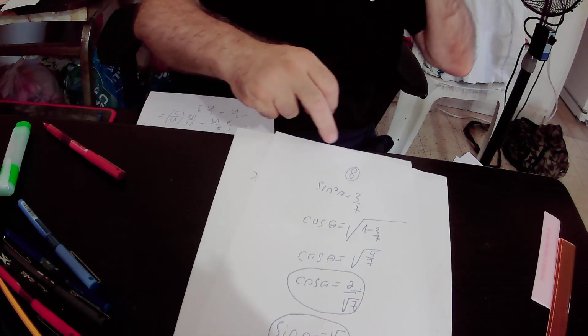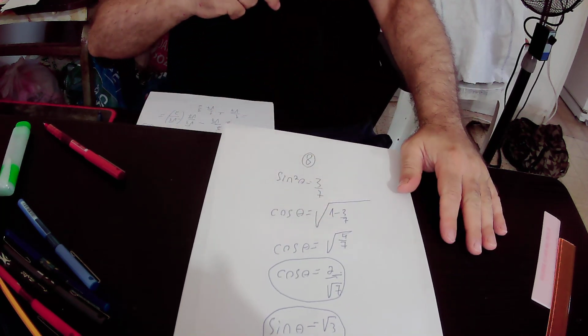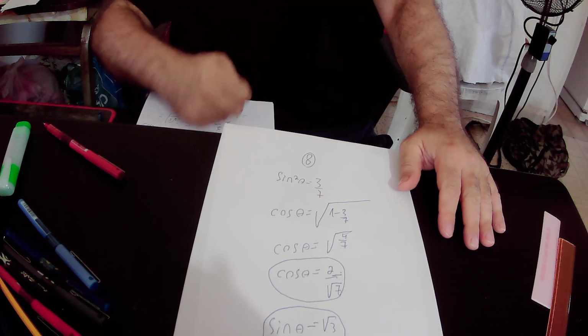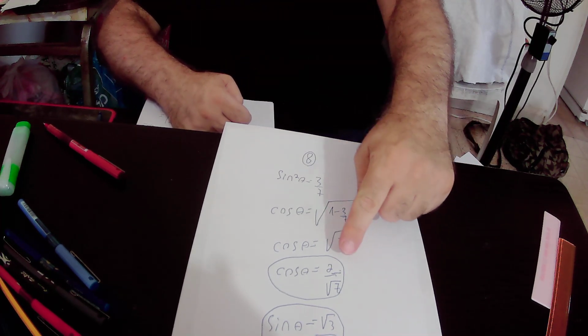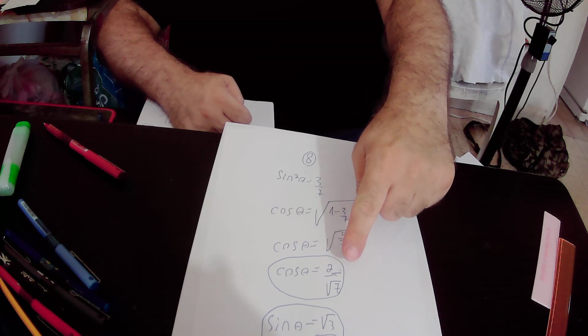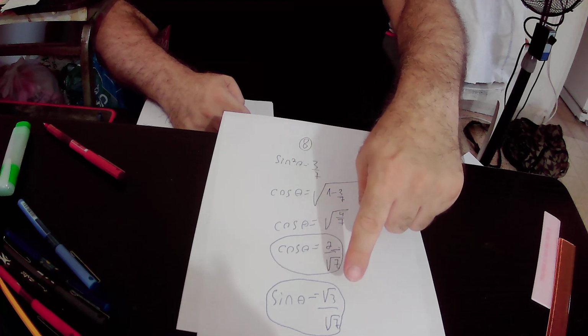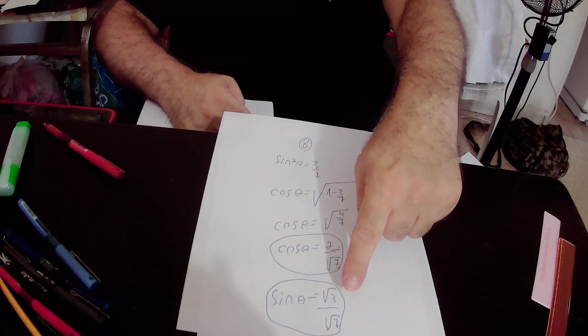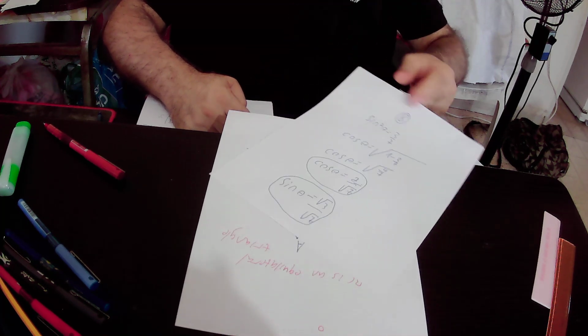1 minus 3 over 7 equals to 4 over 7, and the root of 4 is 2, so we got that the value of cosinus theta is 2 over 7 units, while the value of sinus theta is the root of 3 over root of 7 units.